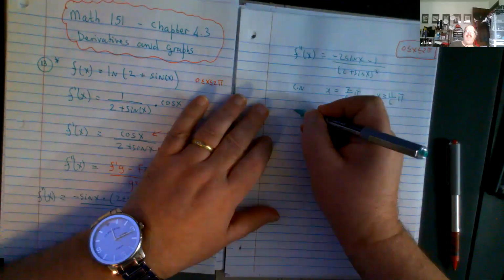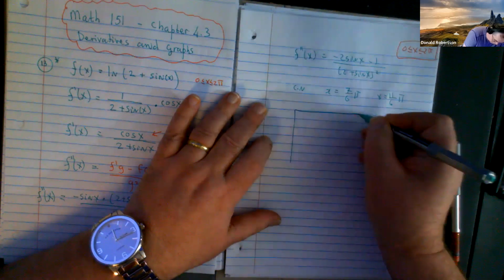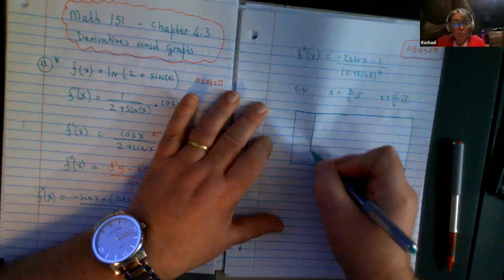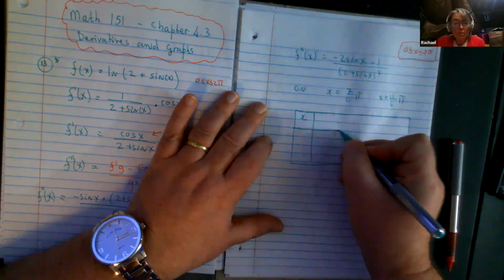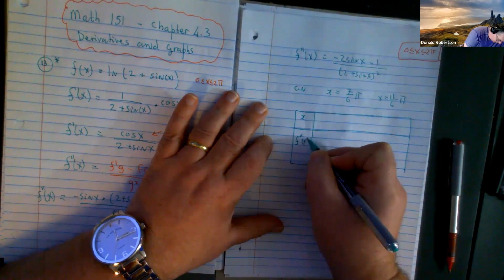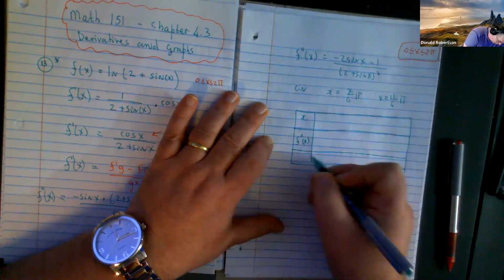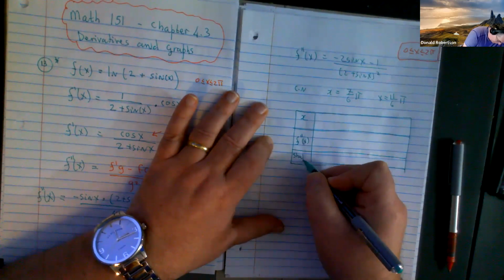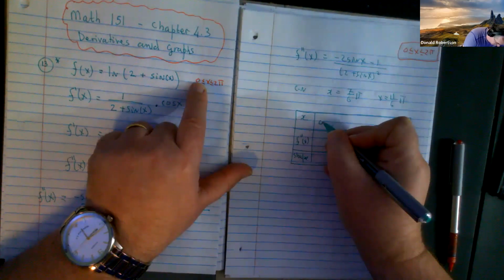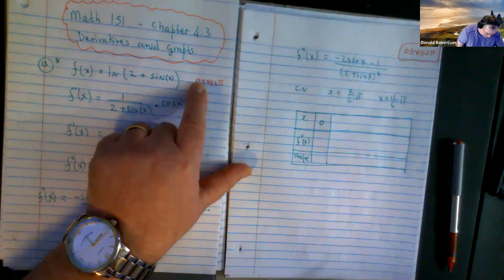Right, now we're moving on to what I call the table of signs. So we're going to have x, this time the value of the second derivative, and then we're going to have shape. It starts at 0, so I'm going to put a 0 there to make sure I don't go any further.